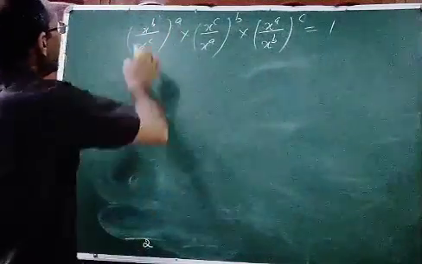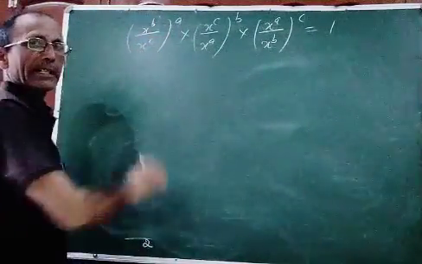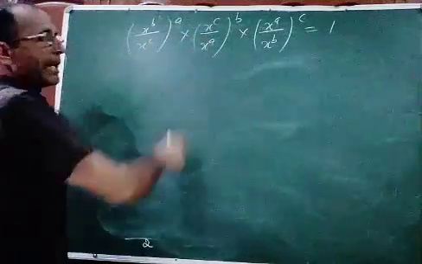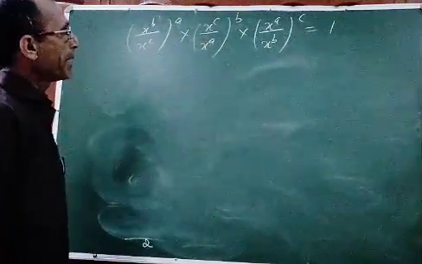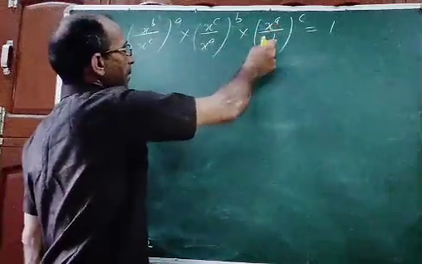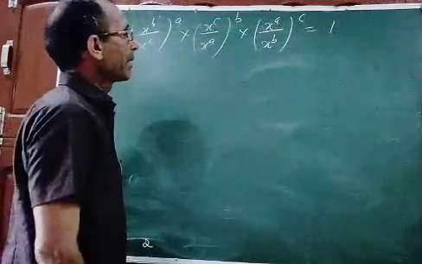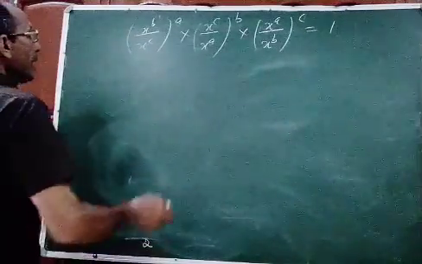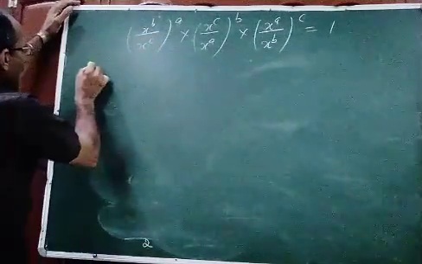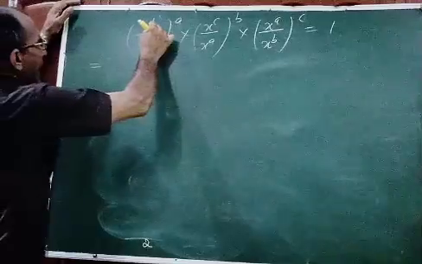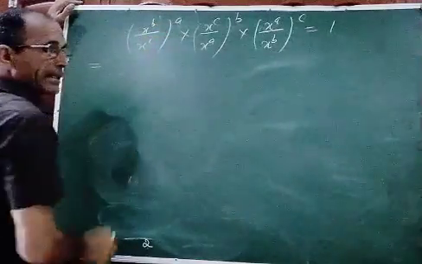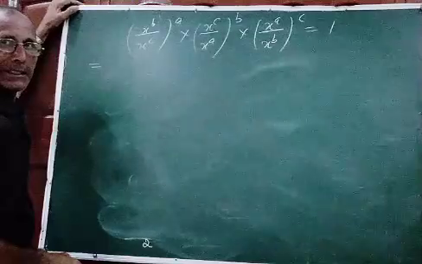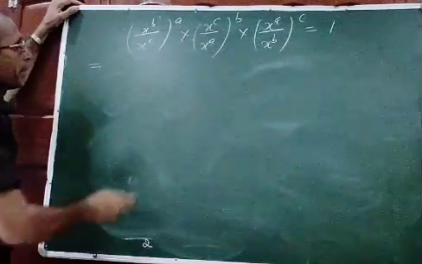Statement is clear. X raised to the power b by x raised to the power c whole power a, x raised to the power c by x raised to the power a whole power b, x raised to the power a by x raised to the power b whole power c, we have to prove equal to 1. Okay, now laws of exponent, just I told you, x raised to the power b by x raised to the power c. Bases are same and divided, so subtract the power.